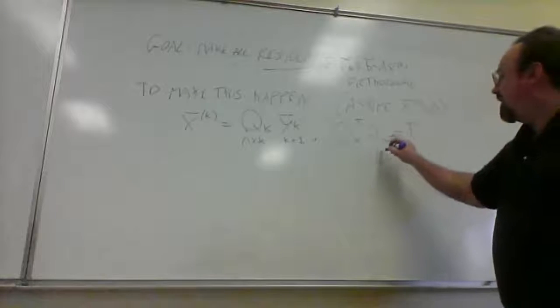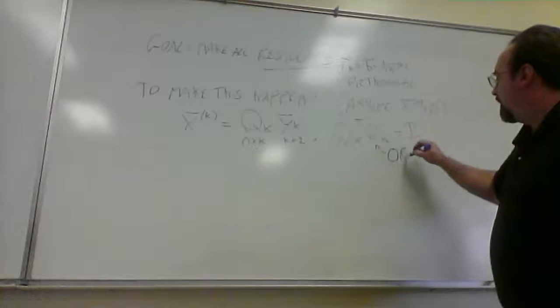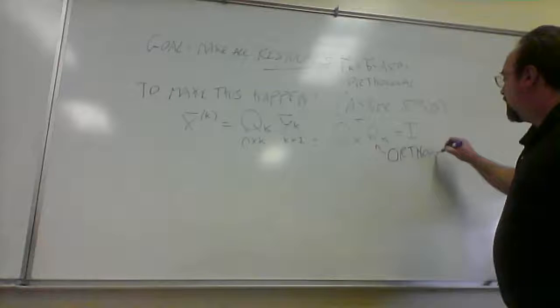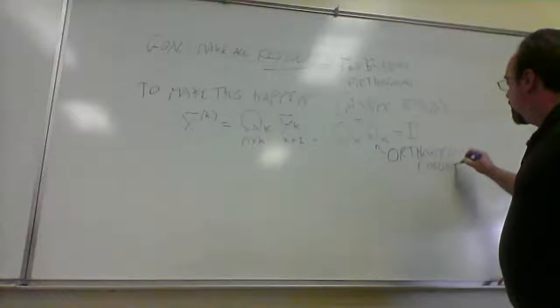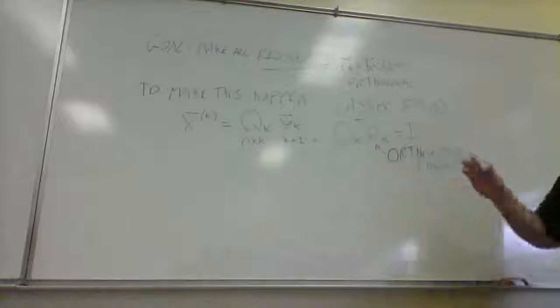And that's what happens when Qk transpose Qk is identity. So what this says is the dot product of two different columns is 0. The dot product of a column with itself is 1, so it's a unit vector.